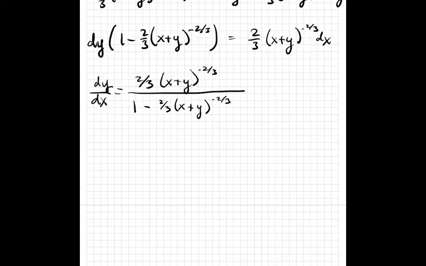Let's do this first, just to clean up these numbers a little bit. So then on top, these are going to cancel. We're going to be left with 2 times (x plus y) to the negative 2/3. On bottom, if we distribute 3, we're going to get 3 minus 2 (x plus y) to the negative 2/3.